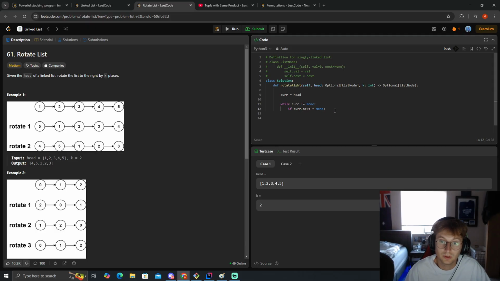While cur does not equal none, cur.next equal to none. What do we want to do? We want to set a pointer, so we can do our last pointer. Last is equal to cur. I think that should get us to the end.